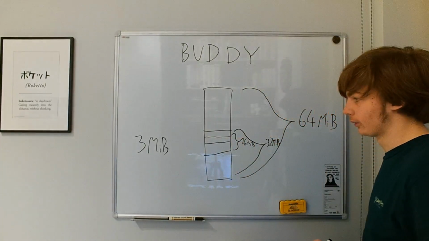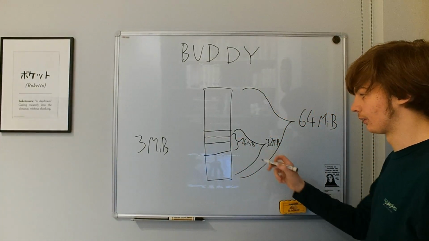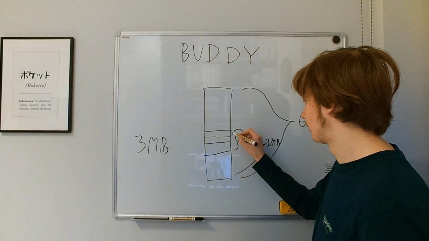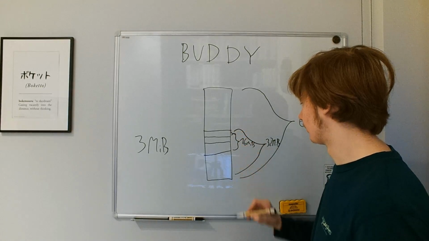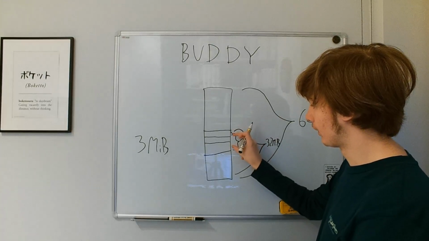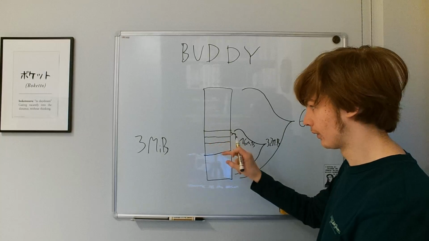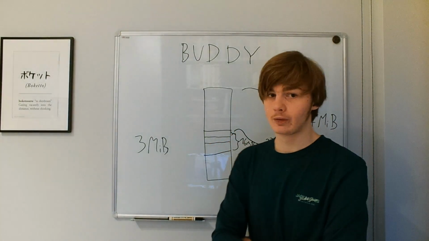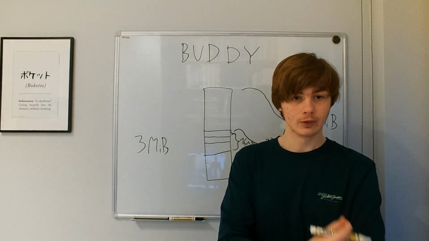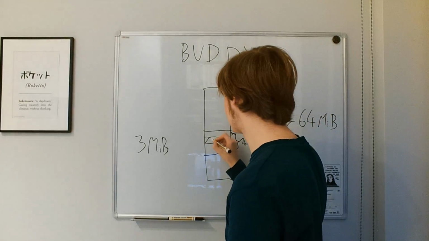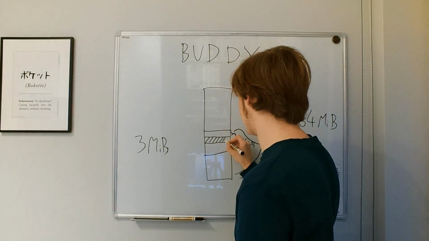But notice that once we get to 4, we have this whole thing, which is 16, and then we split it in half, so we have 8, and it would fit in 8, then it would fit in 4. But notice that it would fit in 4, but it wouldn't fit in 2. So we found the minimum block, and thus we allocate it.